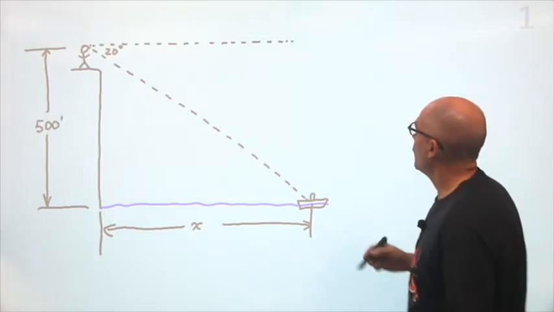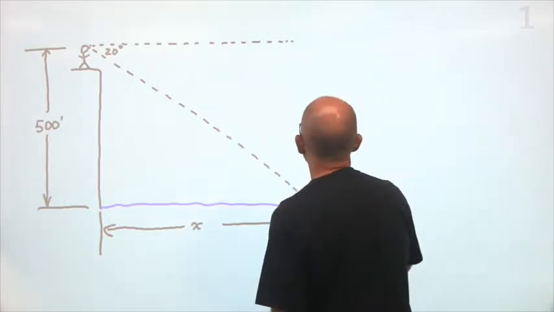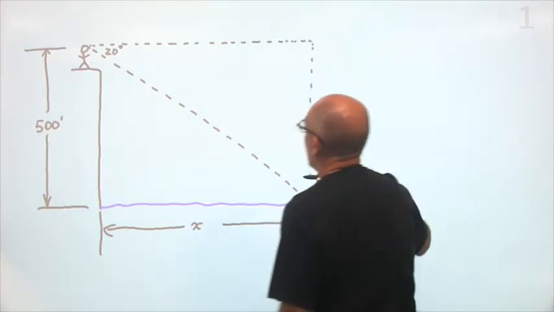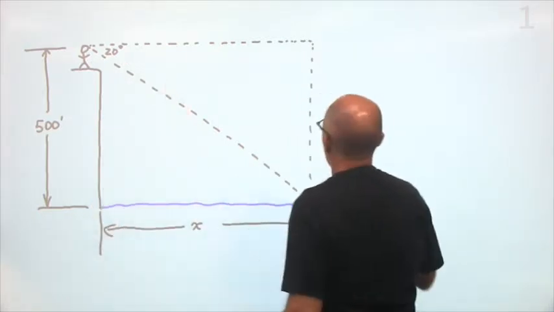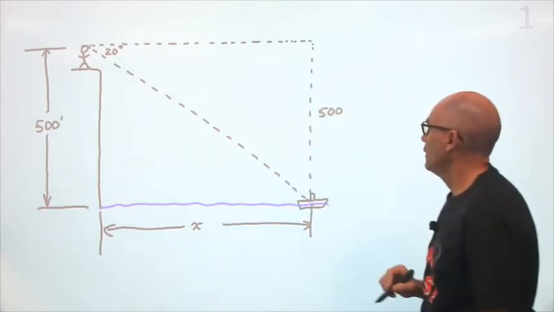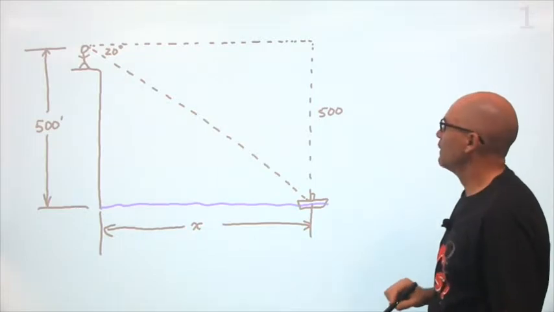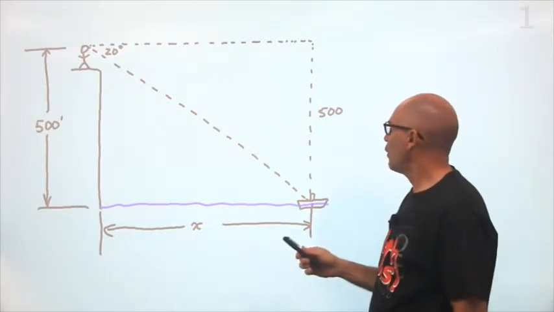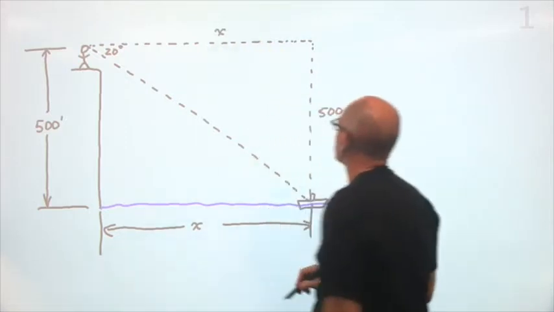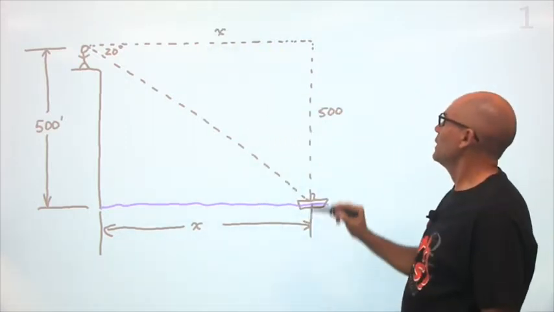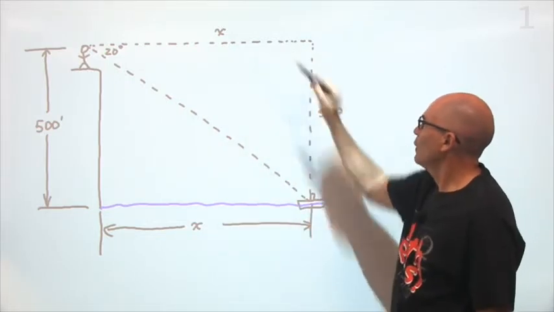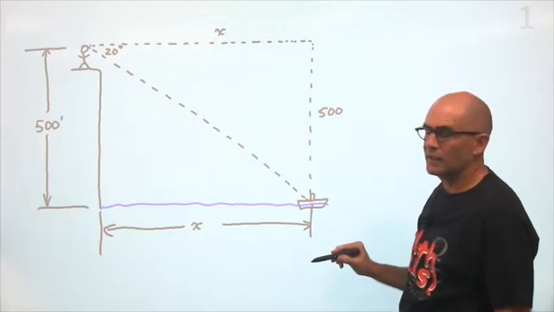So notice basically what we have is a right triangle right here, and I have an angle and I have this side. So what trig function do I need then to solve for the length that I'm looking for, which is x? Well, notice it's going to be opposite over adjacent.